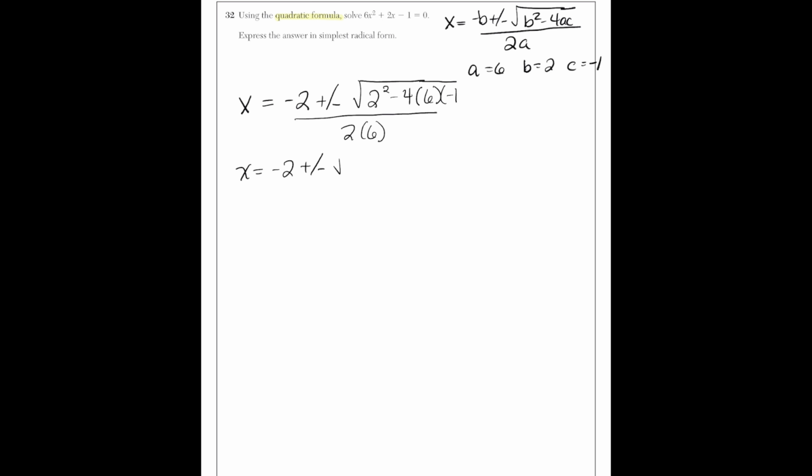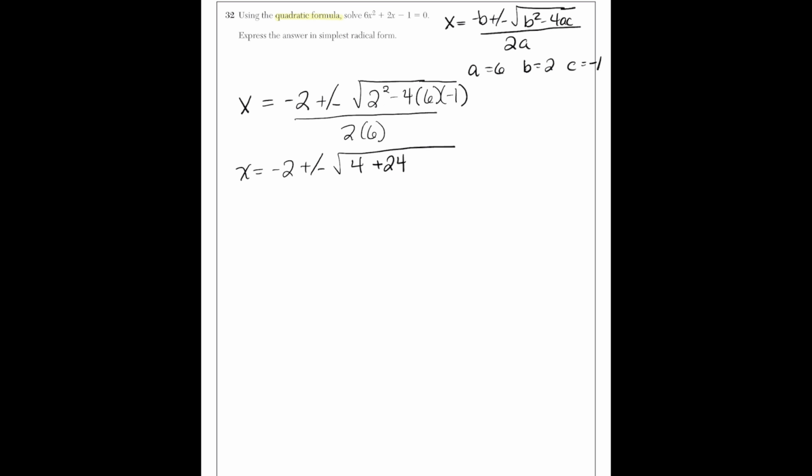Plus or minus 4, and now it's negative 4 times 6 is negative 24 times negative 1, so now this becomes a positive 24. Honestly, silly place to make a mistake, but it does happen where some kids may have a negative 24. So just look out for it.